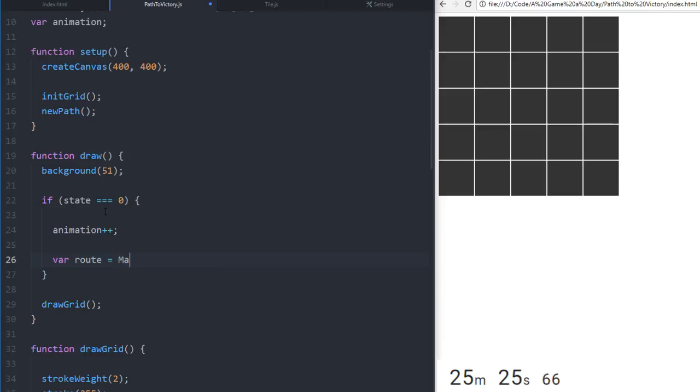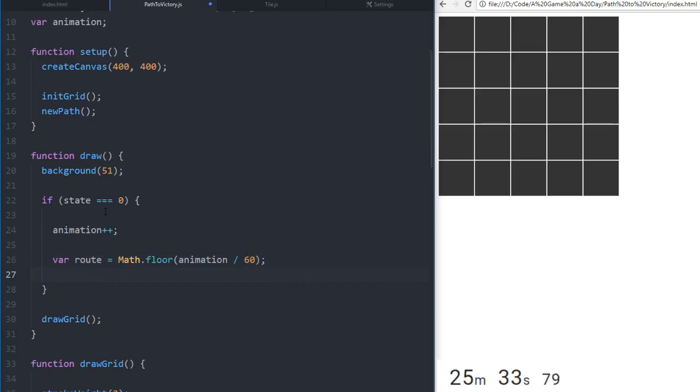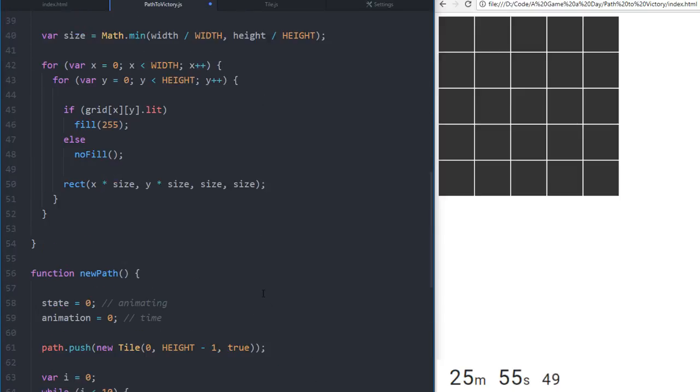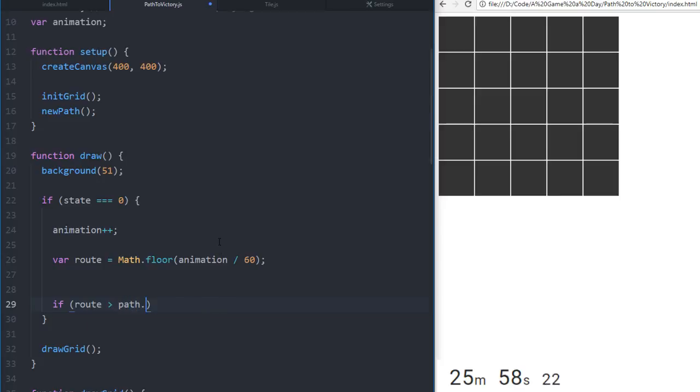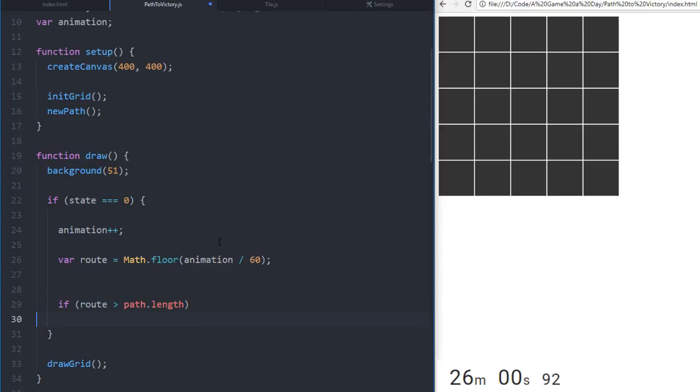Here we'll say math.floor animation over 60, and then we say animation plus plus, and then if route is greater than path.length, there we go, then we will say state equals 1.